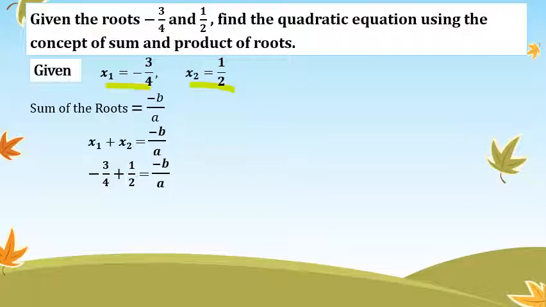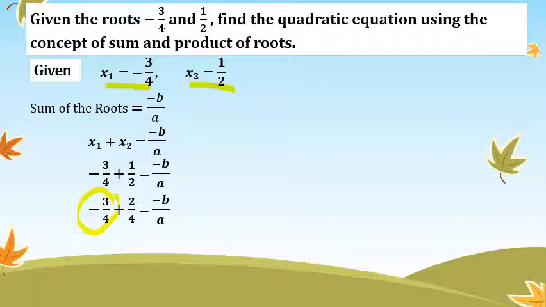Tandaan, kapag mag-a-add tayo ng fraction, kailangan similar ang denominator. So, ang least common denominator ng 4 at 2 ay 4. So, 4 divided by 4, we have 1 times 3 is 3. Kaya ito, mag-i-stay lang.